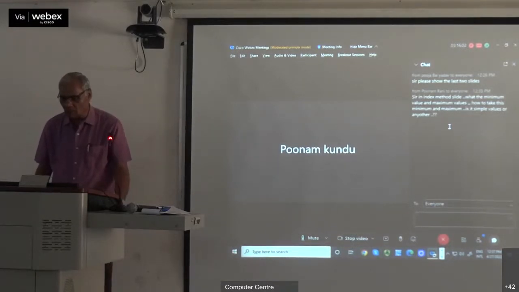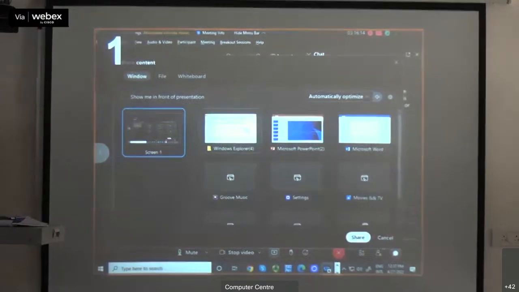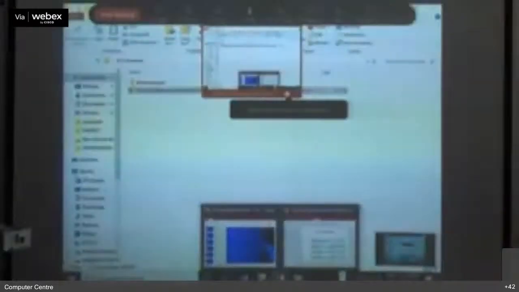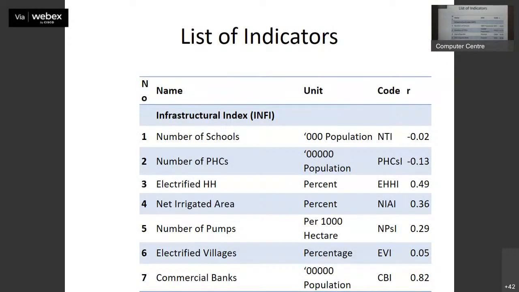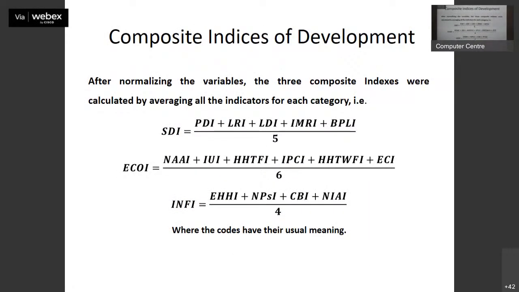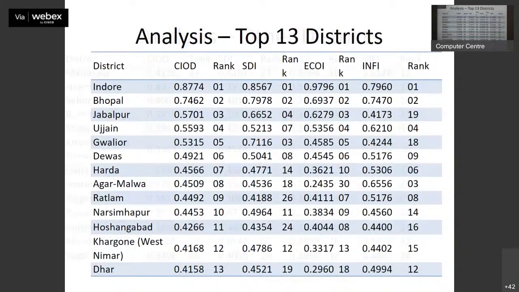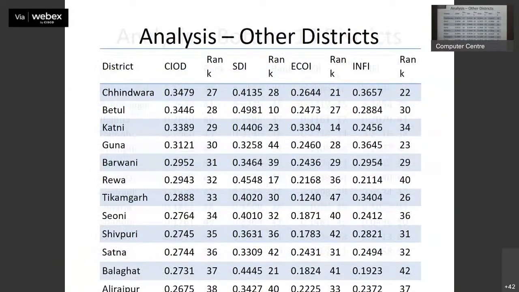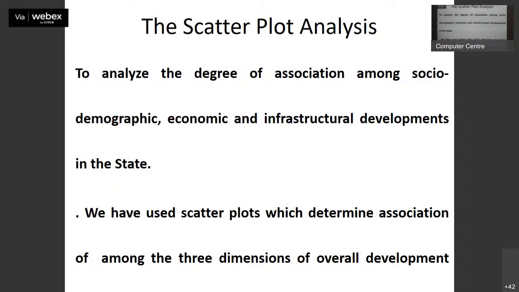Please show the last two slides. Slides कहाँ गए भैया? चलो ठीक है, इसको देख लेते हैं, अच्छे देना पड़ेगा। I don't know which slide you are asking.